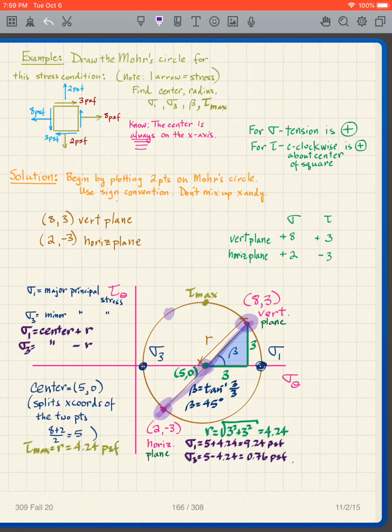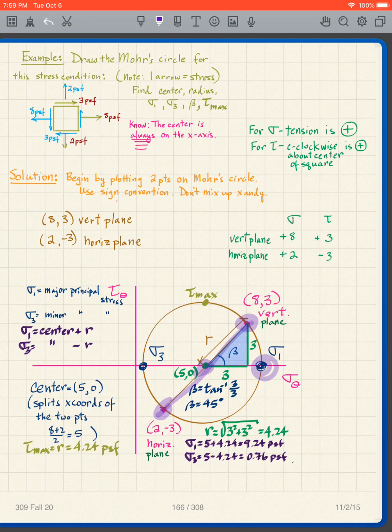No, it can't be that, never mind. I haven't drawn this, but no matter. The coordinates of that particular point, whatever they are, represent the stresses on some plane. I don't know what plane it is, but the coordinates of that point give us a sigma and tau for some plane.